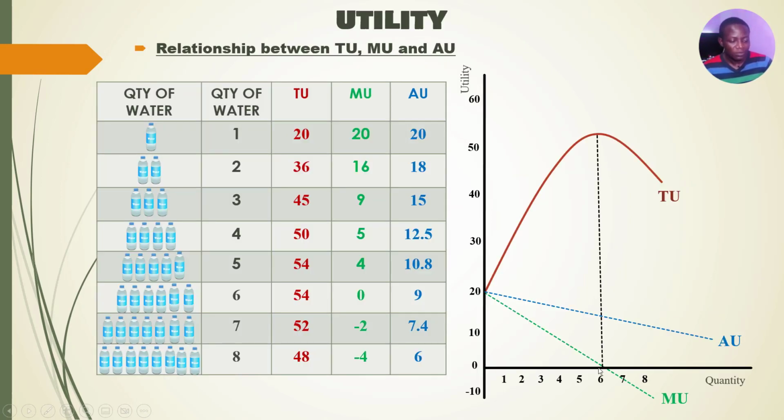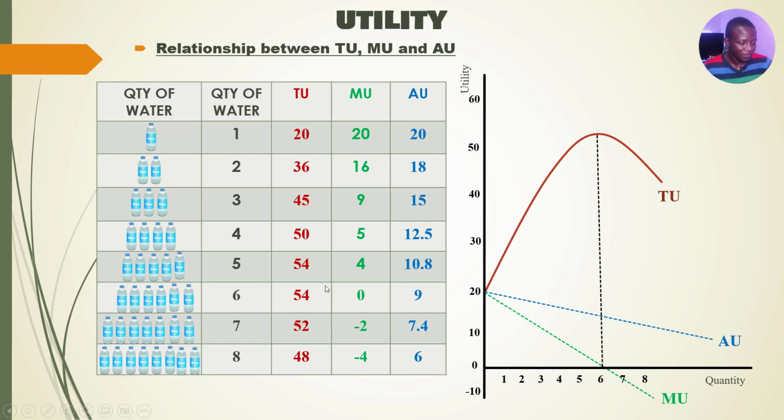We can see that beyond the sixth bottle of water, marginal utility enters into the negative y-axis. That's why we have the negative 10 here. As it enters into the negative, then the total utility begins to fall. Because once you are experiencing a disutility, then it's going to take away from the total utility that you derive from that commodity.